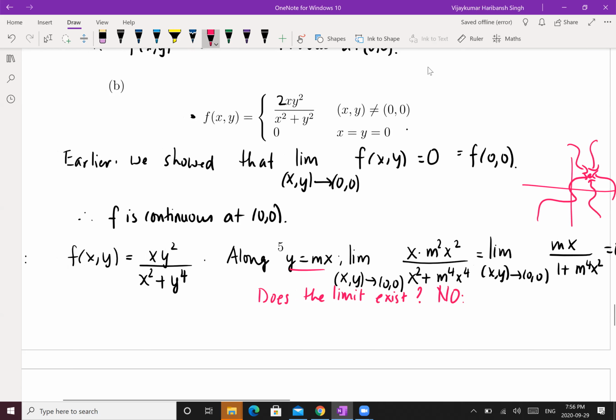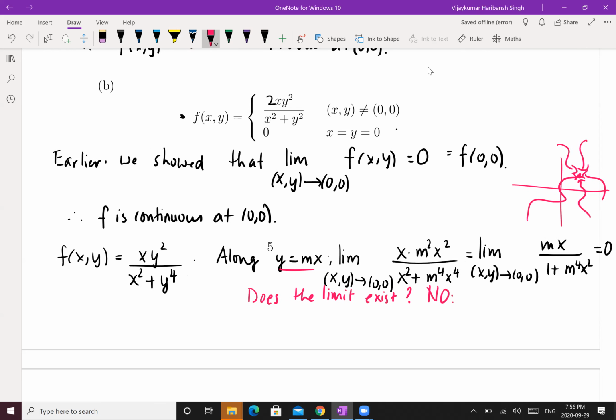Along y squared equals mx, if we consider the following path, this is a reasonable path, right?